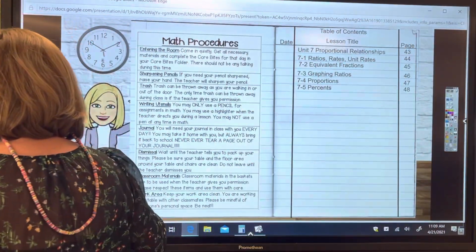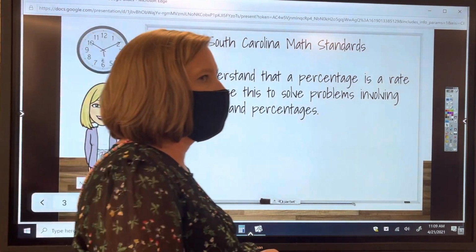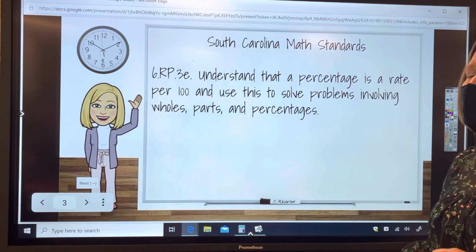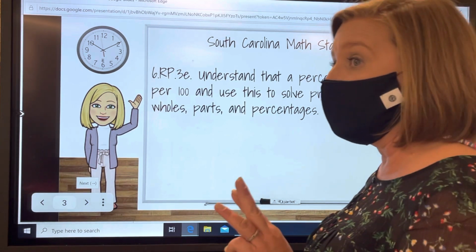All right, before we get to page 48, I want to talk about a few things. There are 2 indicators that we are going to be covering, and I have one listed up here. Understand that a percentage is a rate per 100, and use this to solve problems involving wholes, parts, and percentages. We also have to be able to convert between fractions, decimals, and percentages.